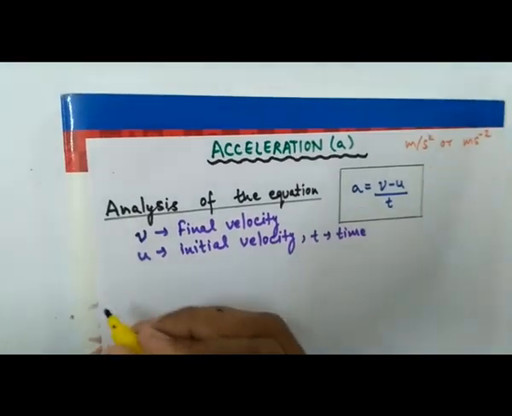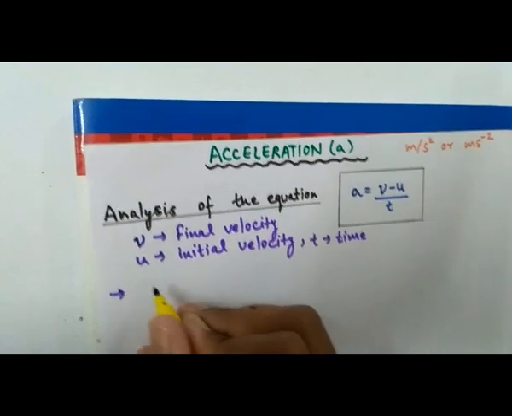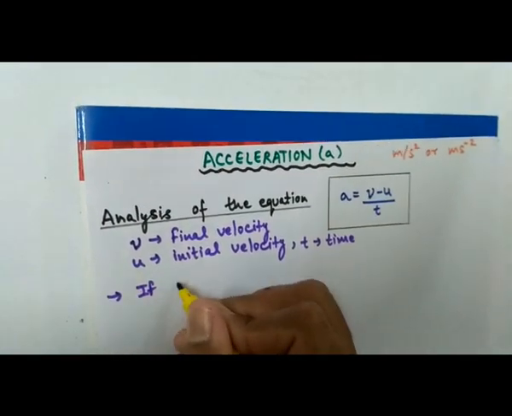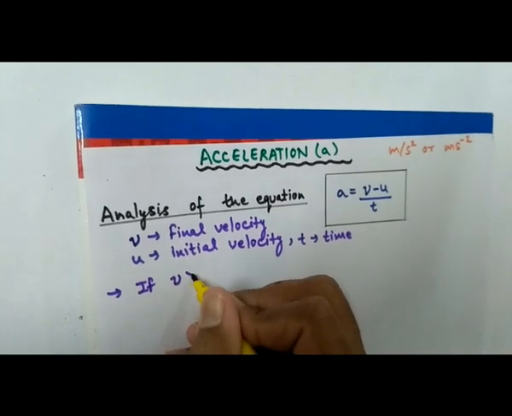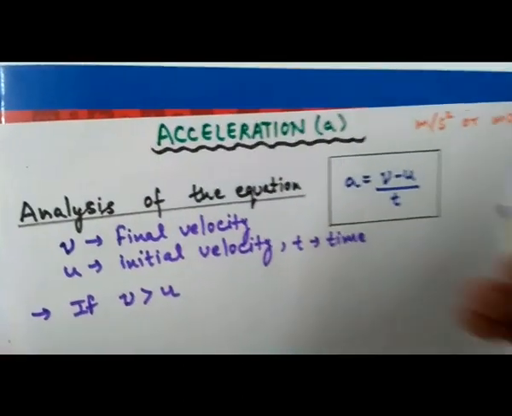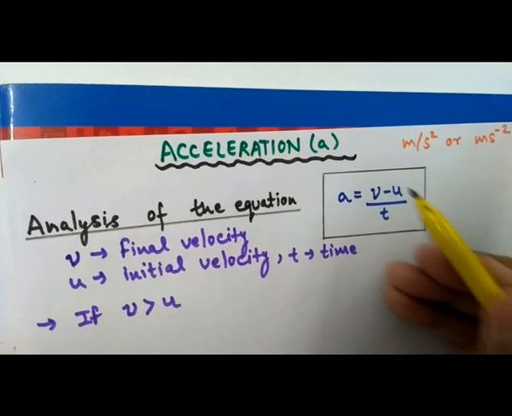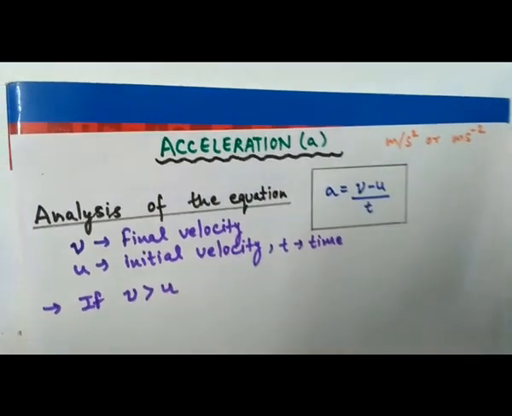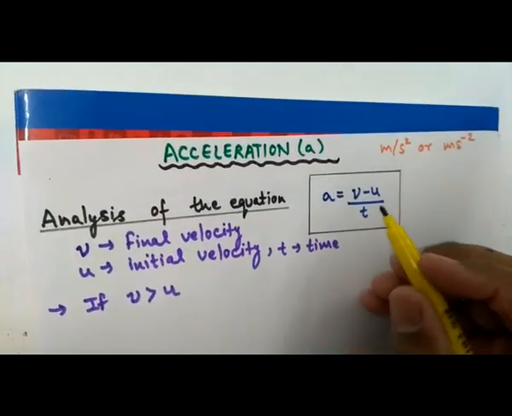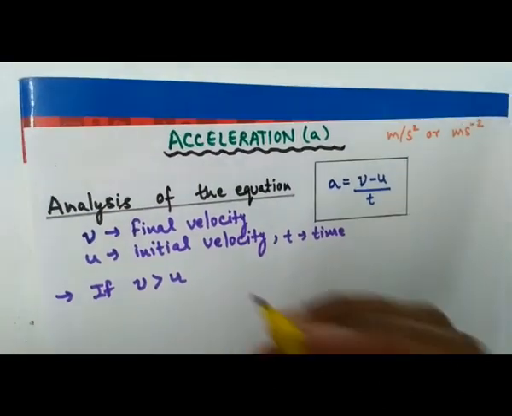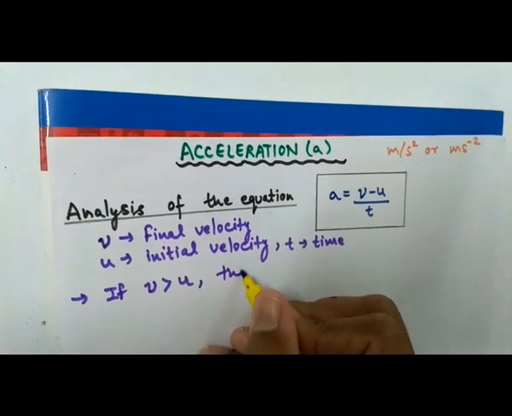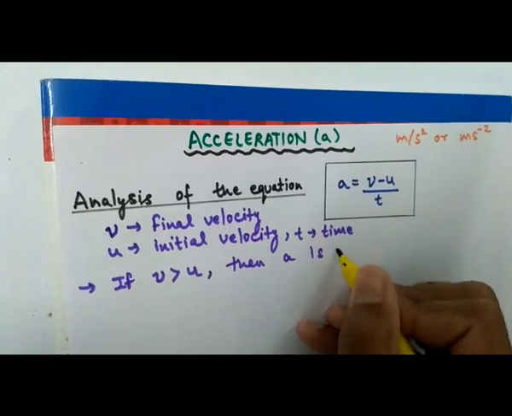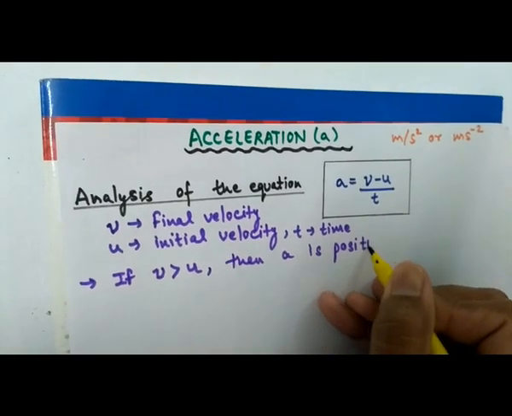Now, in the first case, if v is greater than u, what does this mean? That means final velocity is greater than initial velocity. Then acceleration will be positive. Then a is positive.